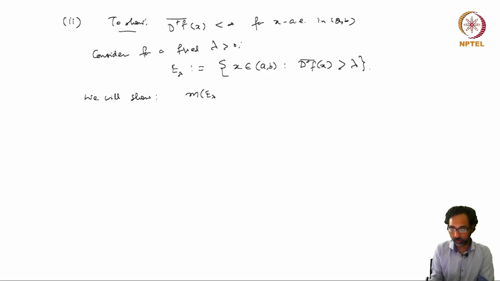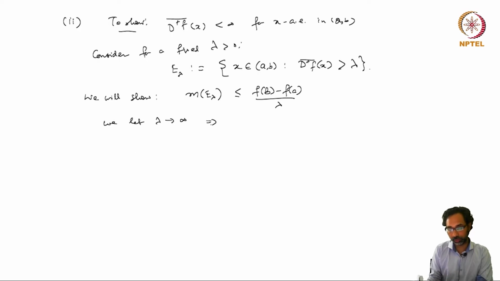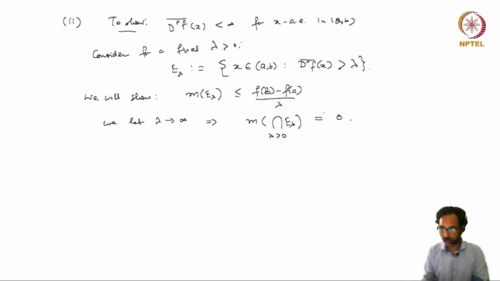the Lebesgue measure of E lambda is less than or equal to fb minus fa over lambda. And so if we let lambda go to plus infinity, this implies that the intersection of all these E lambdas, lambda positive, is equal to 0, because the right hand side goes to 0 as lambda goes to plus infinity.